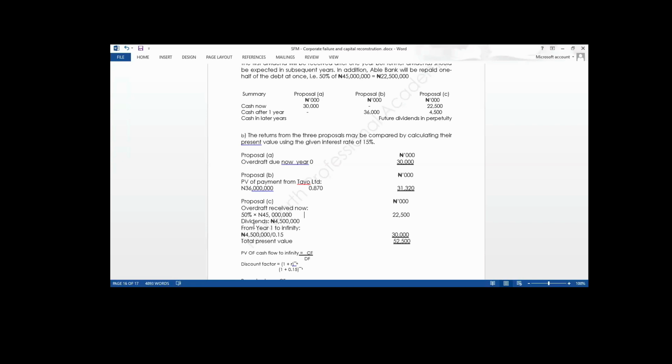That means the dividend of 4.5 million is from year 1 to perpetuity, to infinity. How do we calculate the present value of cash flow from year 1 to infinity?